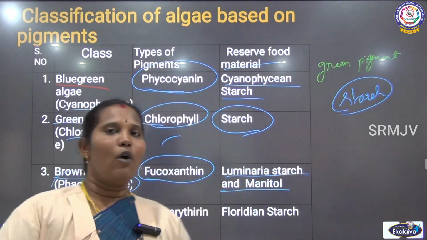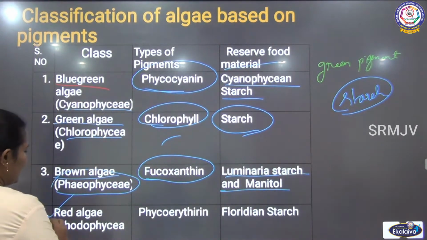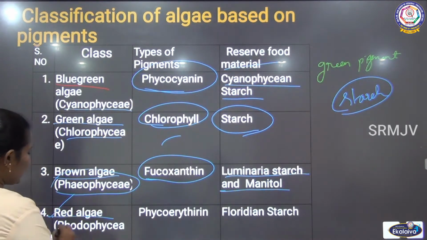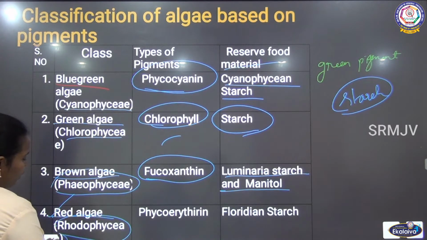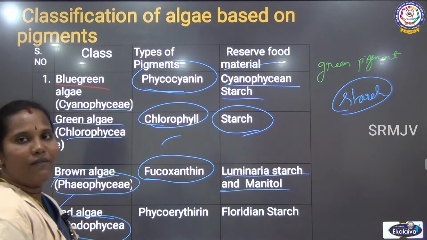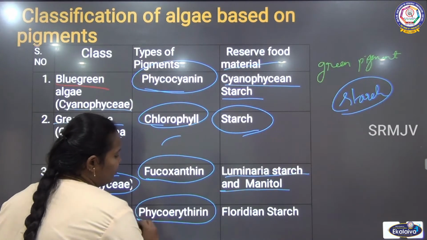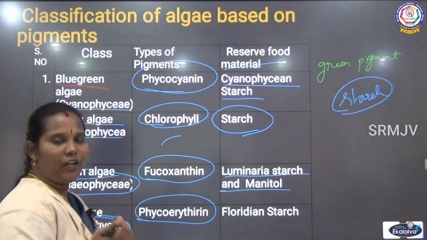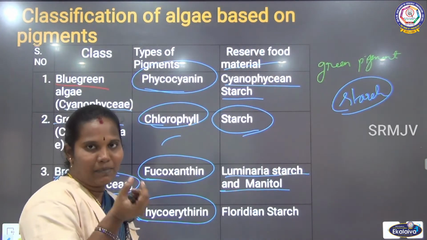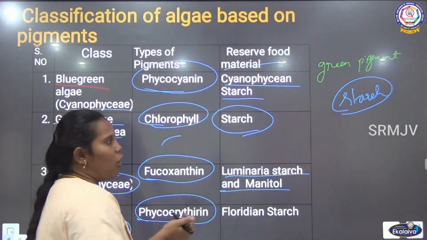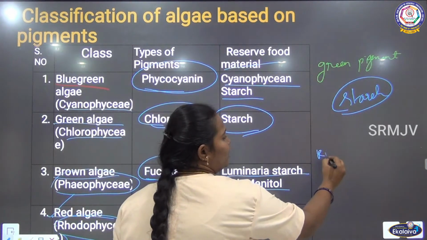Okay. What is the fourth one we can see here? It is the red algae. Last one is the red algae. What is the example? Rhodophyceae. Phycoerythrin: erythrin symbolizes the red color. In our RBC, red blood cells, we know that.